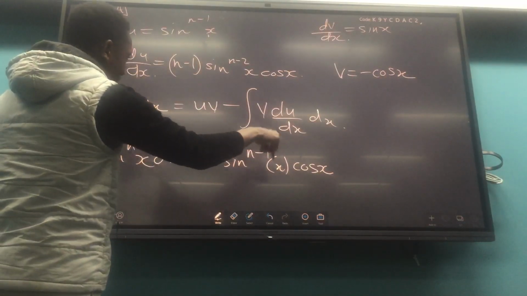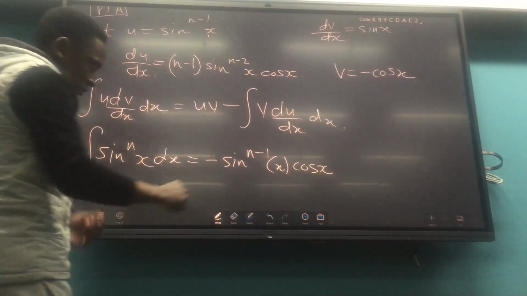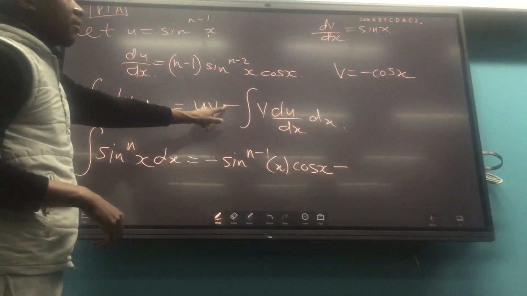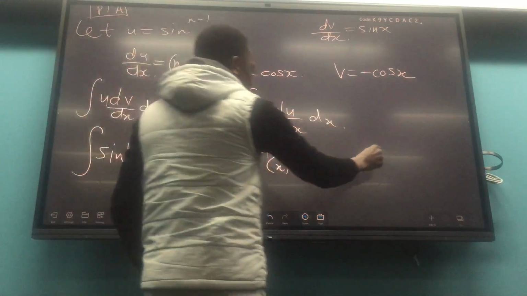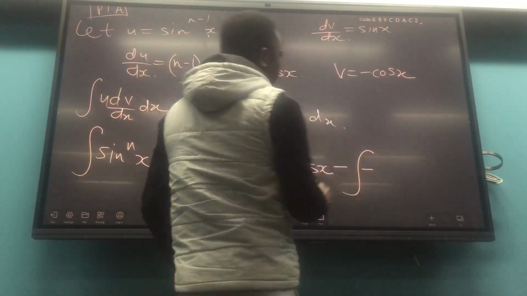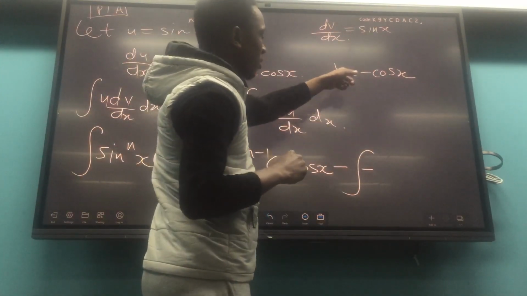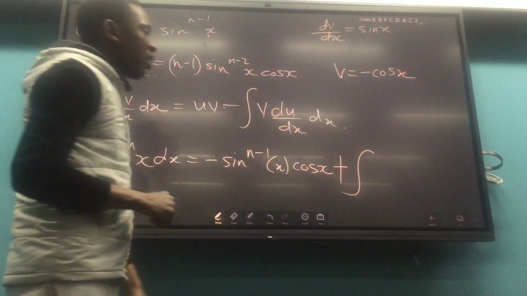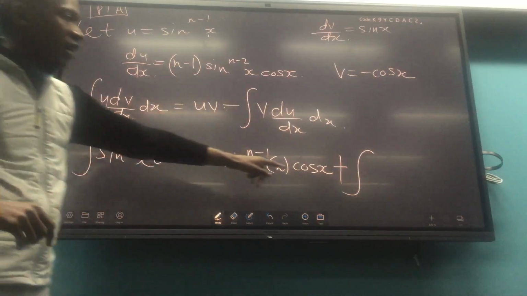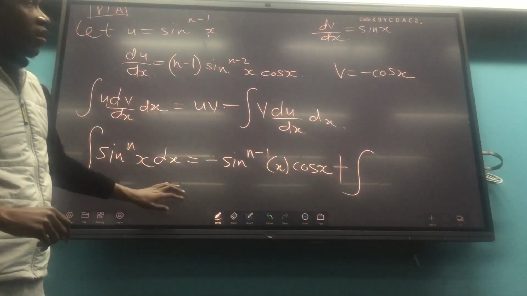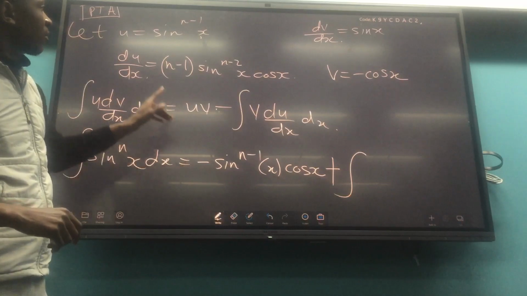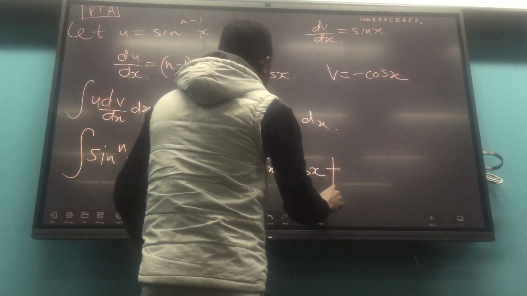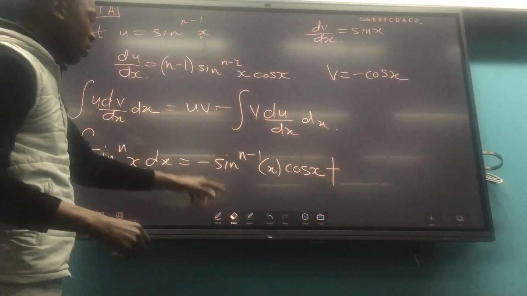Sine to the power n minus 1 of x, we have it. Now we say minus. This minus here, and v du dx also has a negative inside, that negative belongs to v. So we can write it outside and just put a plus there because we now have two negatives in the middle. We can also put the n minus 1 outside because it's a constant.